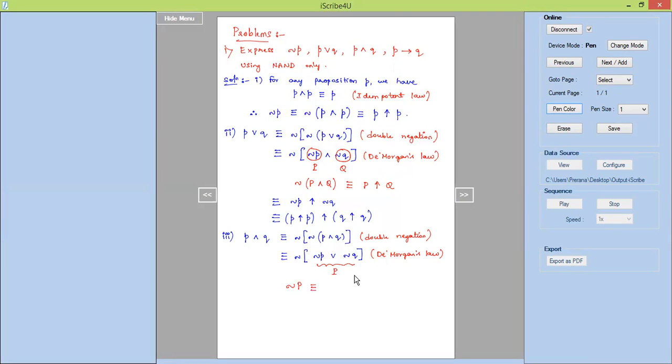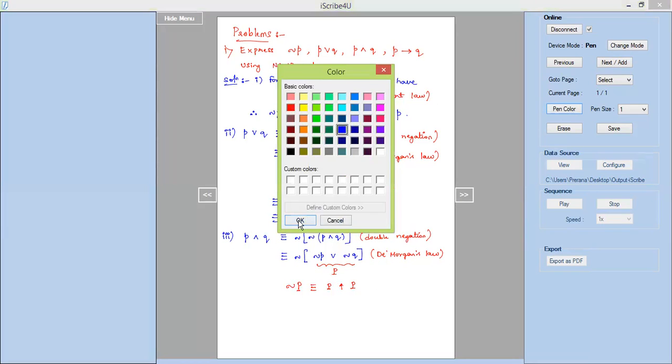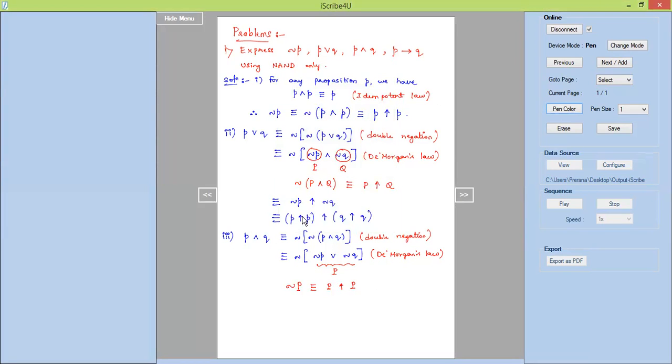We observe from the first part that negation P is logically equivalent to P NAND P. In order to express in terms of NAND, this can be written as P NAND P. So I'll be expressing the same thing in the form of P NAND P. What was that expression in the left hand part?